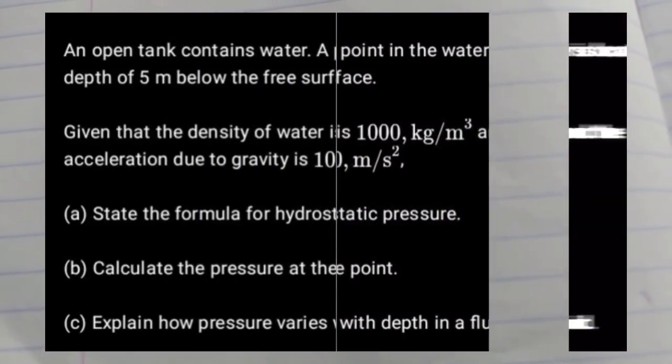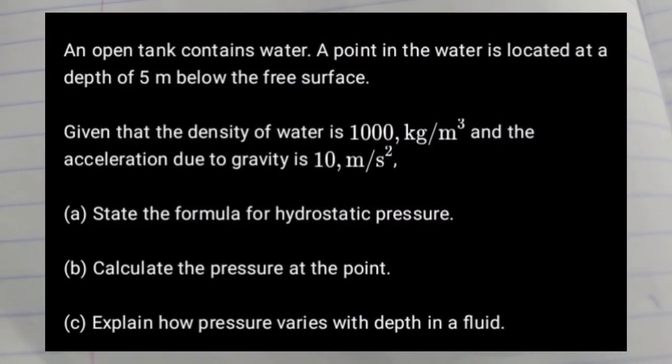Now, considering this question on your screen, an open tank contains water. A point in the water is located at a depth of 5 m below the surface. So the height of this container is 5 meters. When you are solving a physics problem like this, make sure it's in standard units. Since it's already in standard units, we are not doing any conversion.